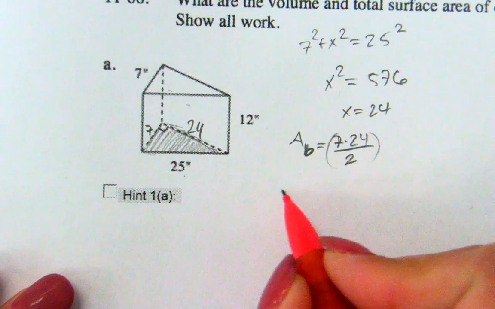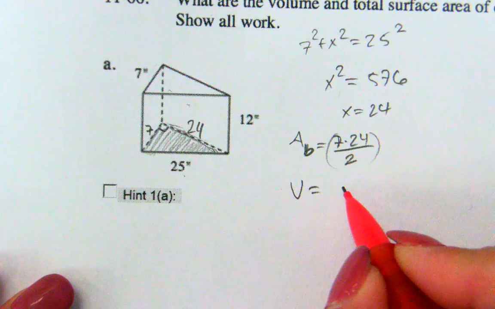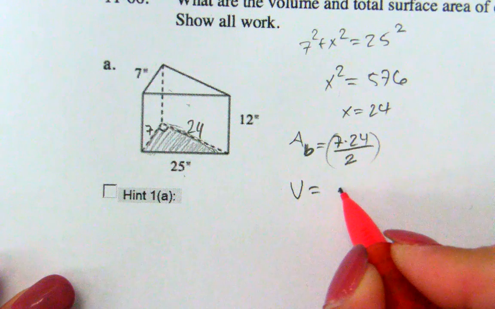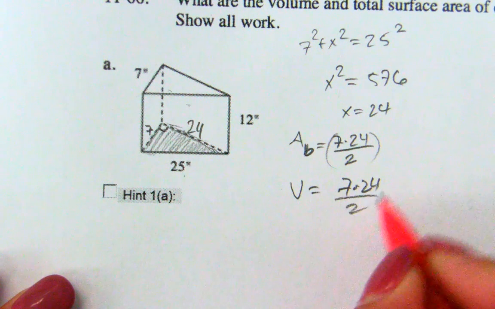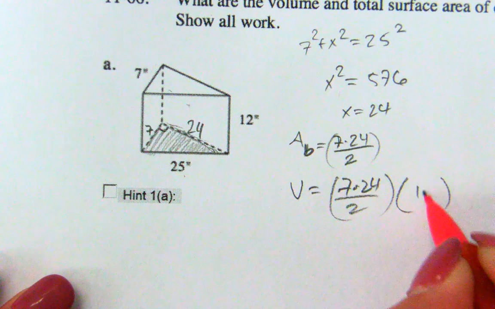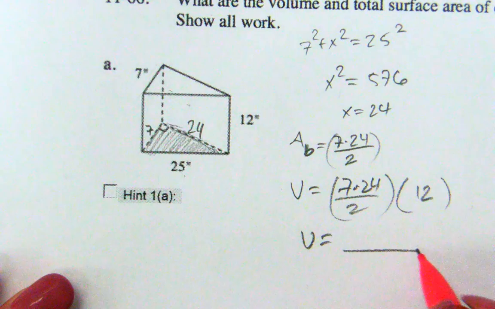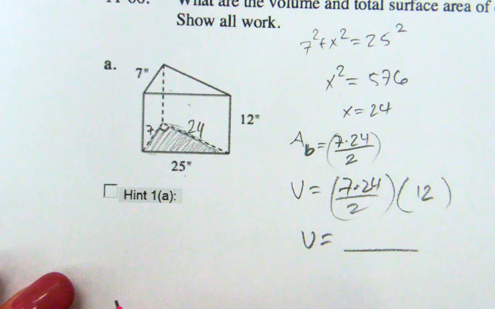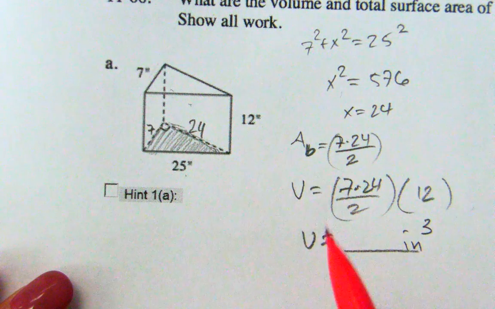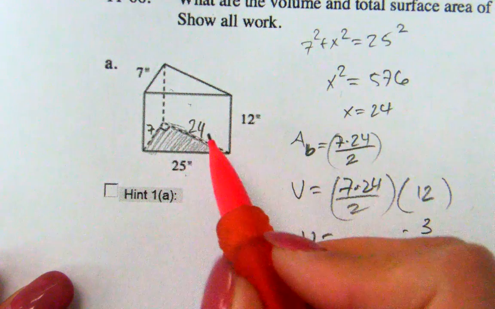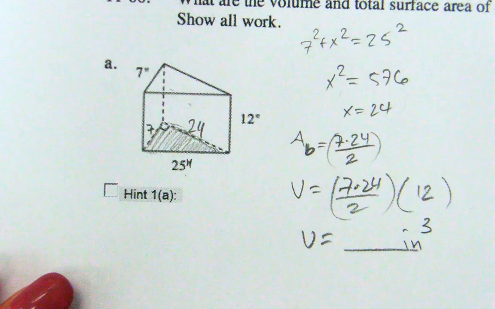Okay, so the volume is going to be 7 times 24 divided by 2 times the height, which is 12. So you figure out what the volume is. Okay, so press pause, figure it out, and it's going to be in inches cubed, because you can't really see it in the video very well, but those are two slashes, so those are inches.